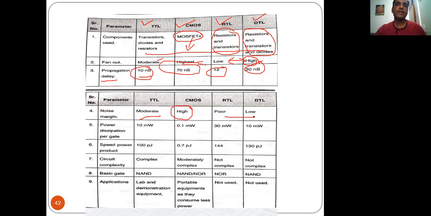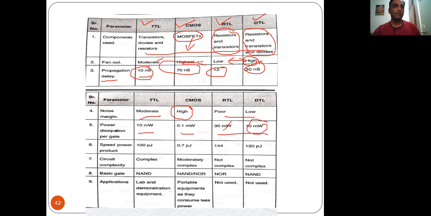Okay, this RTL and DTL has low or poor noise margin. Power dissipation. As I've explained you, in CMOS you require very less power. Okay, so that is 0.1 millivolt, which is very good. In all these, you can see it is around 10 millivolt to 30 millivolt. TTL is having 10 millivolt. RTL is having very high power dissipation. DTL is having comparatively low.